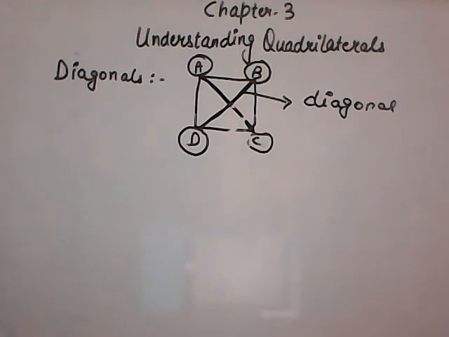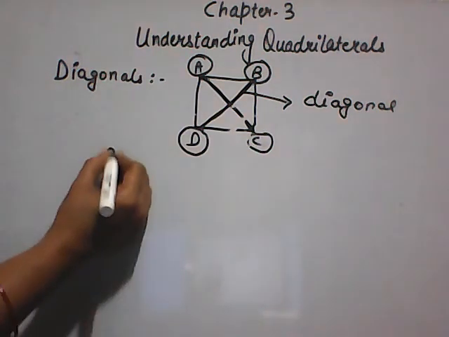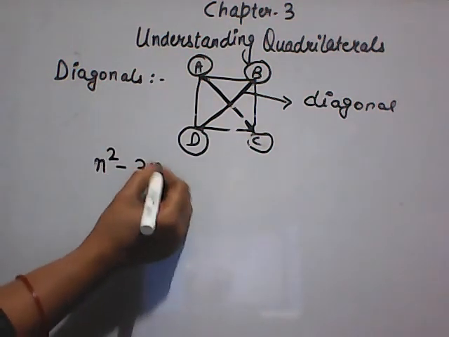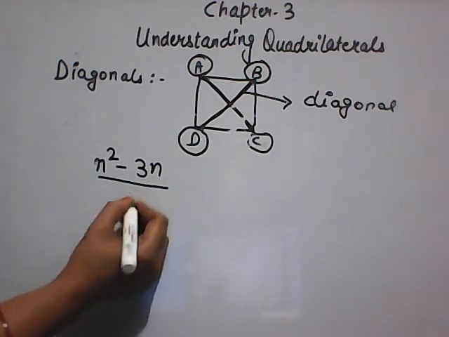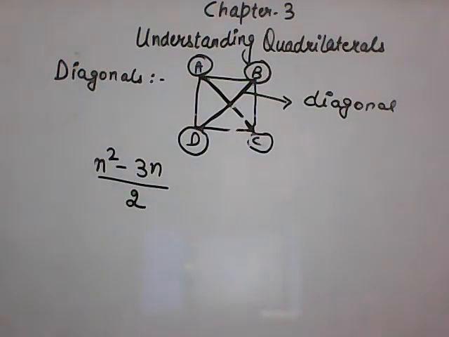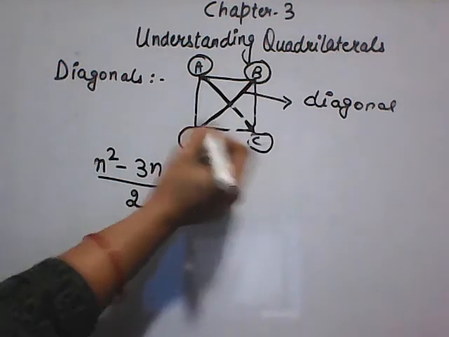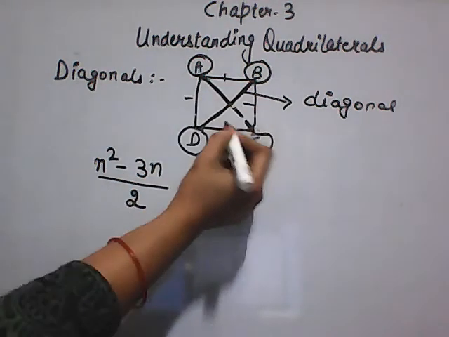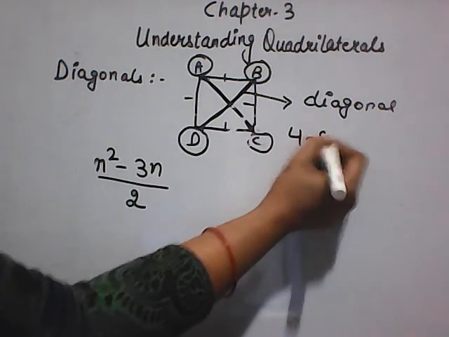We can find the number of diagonals of an n-sided polygon by using the formula n squared minus 3n divided by 2. Suppose here it is 1, 2, 3, 4. Here we have 4 sides, so it is a 4-sided polygon.